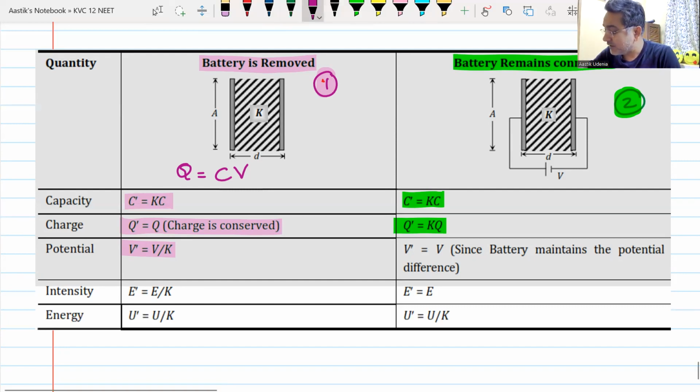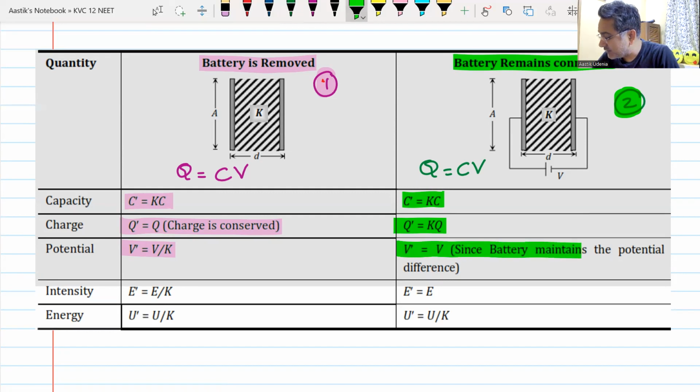In case number 2, again, the same equation Q = CV is valid. Here, the charge becomes K times, but the potential remains same. Since the battery is connected, potential difference remains same.